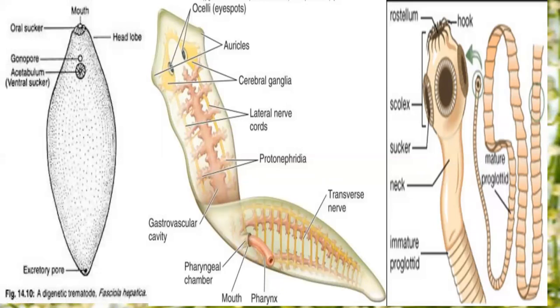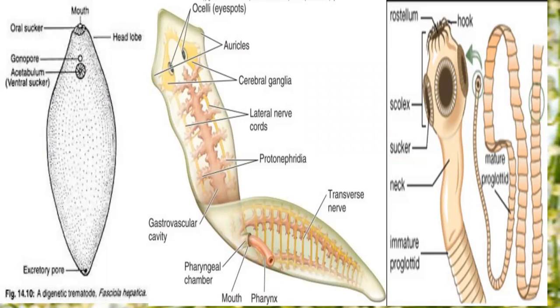Liver fluke is a flat, leaf-like organism about 3 centimeters in length. It is a parasite in the liver of sheep, goat, and other cattle.